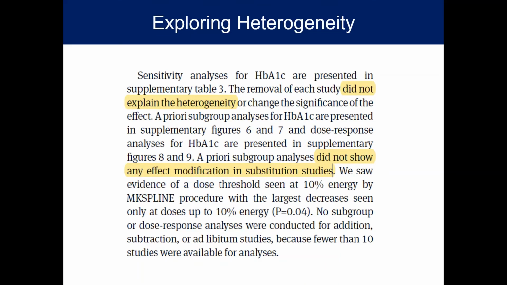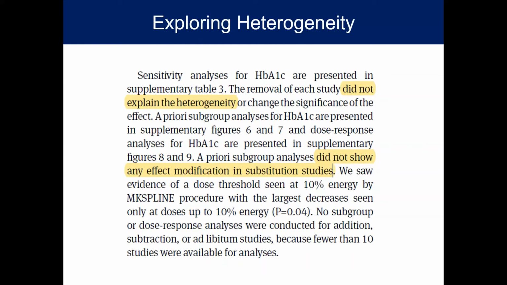The next step we want to take is to explore the sensitivity and subgroup analyses, which we planned to try to explain heterogeneity. Here is the text of my example, which describes the results for the explorations into heterogeneity. However, neither the sensitivity analyses nor the a priori subgroup analyses explained the substantial heterogeneity found in the main analysis.